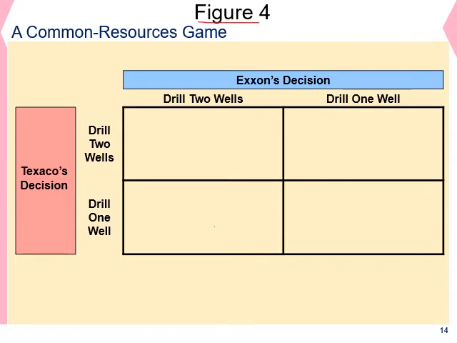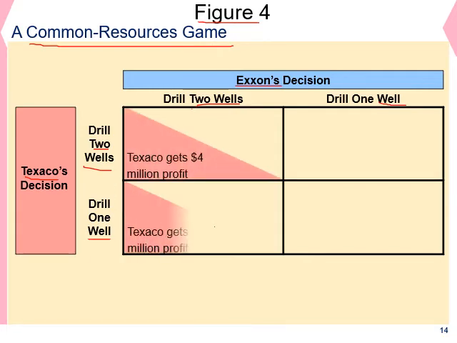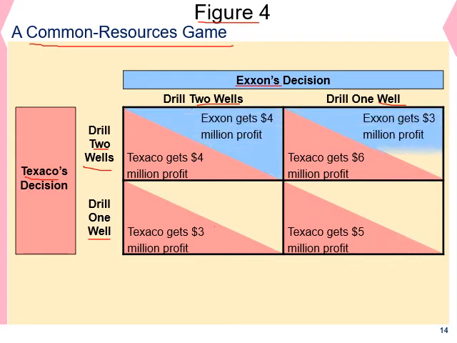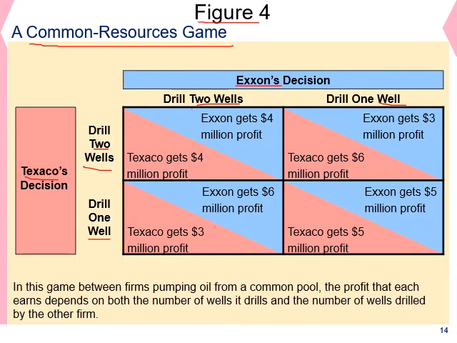Figure number four is a common resources game. Exxon and Texaco have to make a decision either to build two wells or to build one well. The dominant strategy is to build two wells.